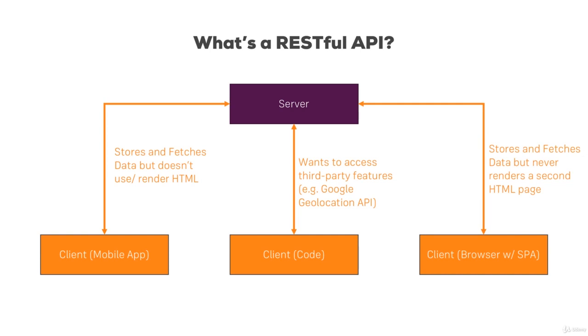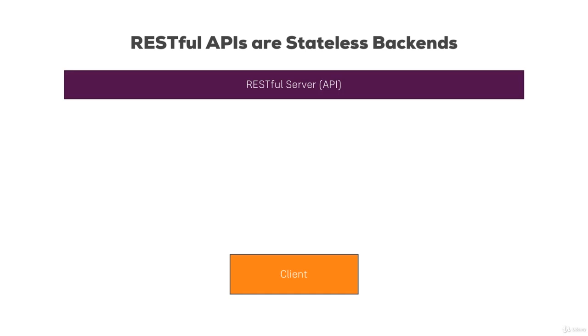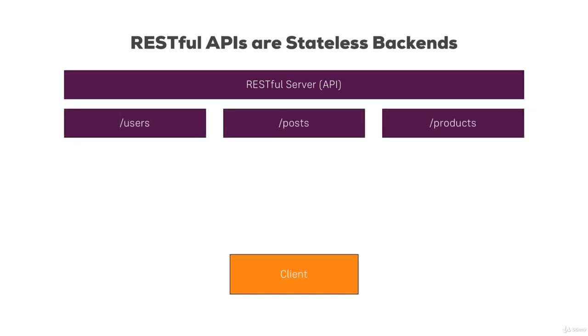I'm just showing these other cases because the important thing to understand is that a RESTful API is a stateless backend. It doesn't care about which client connected to it. All a RESTful API does is it exposes a couple of different URLs, so-called paths, to which you can send requests. And depending to which path you send a request, something different will happen. So to show this, we got a client, our Angular app, we got our RESTful server, and then we got different paths, /users, /posts, /products.